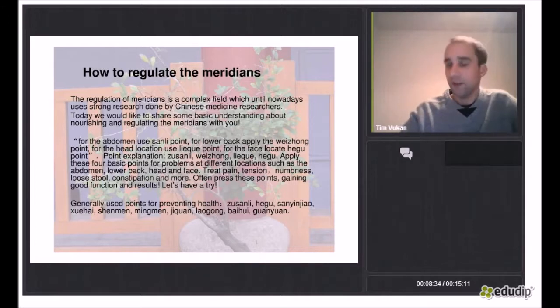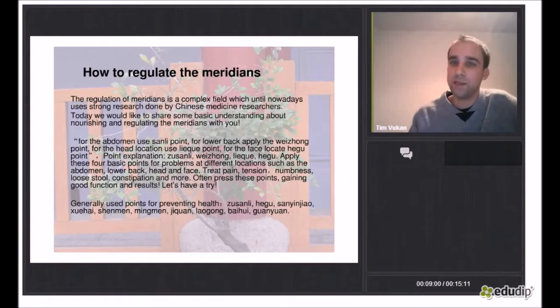How we're actually able to regulate the meridians, we've found a very basic slogan here in the beginning. When you start your acupuncture study, you will surely also learn this sentence: for the abdomen, use the Zusanli point. For the lower back, we apply the Weizhong point. For the head location, we use the Lieque point.